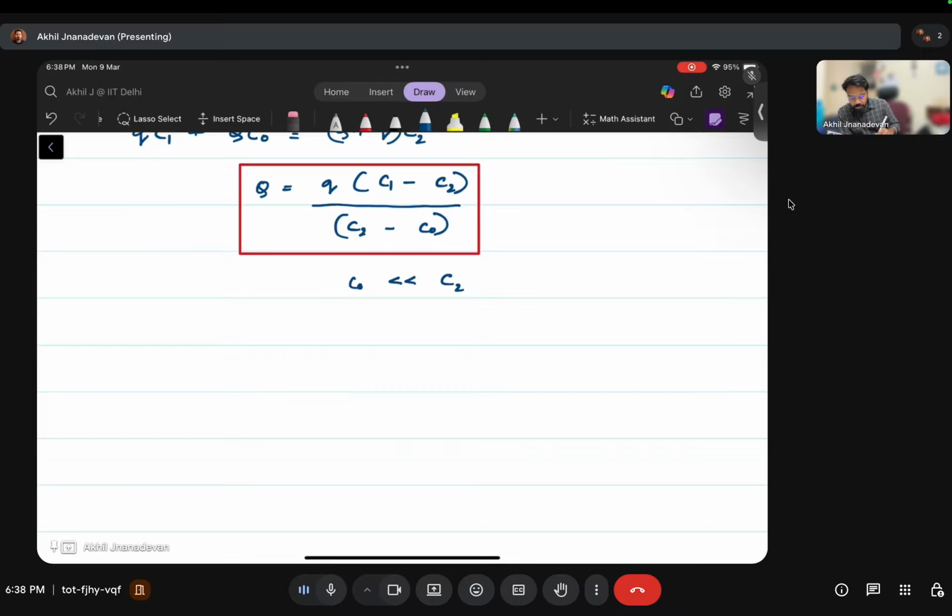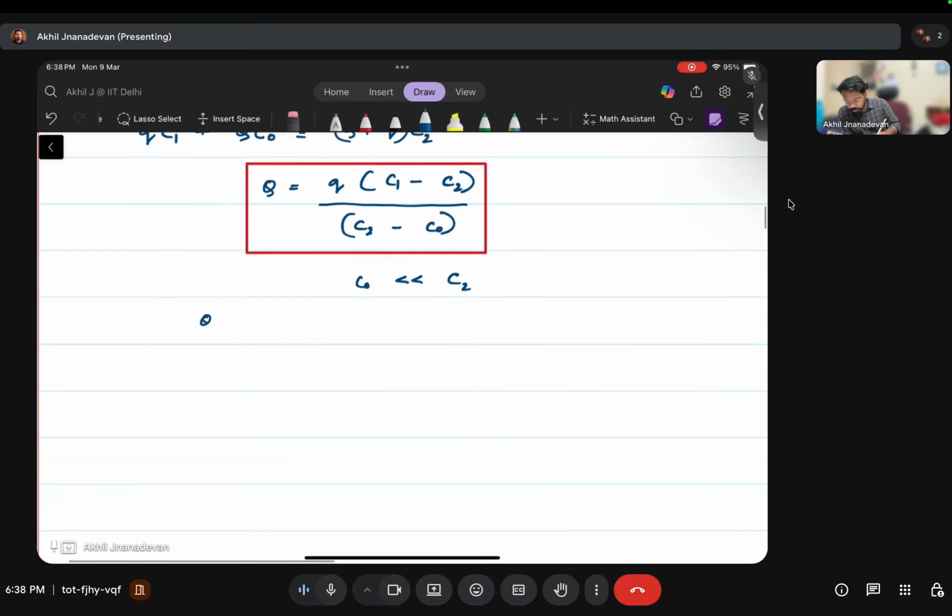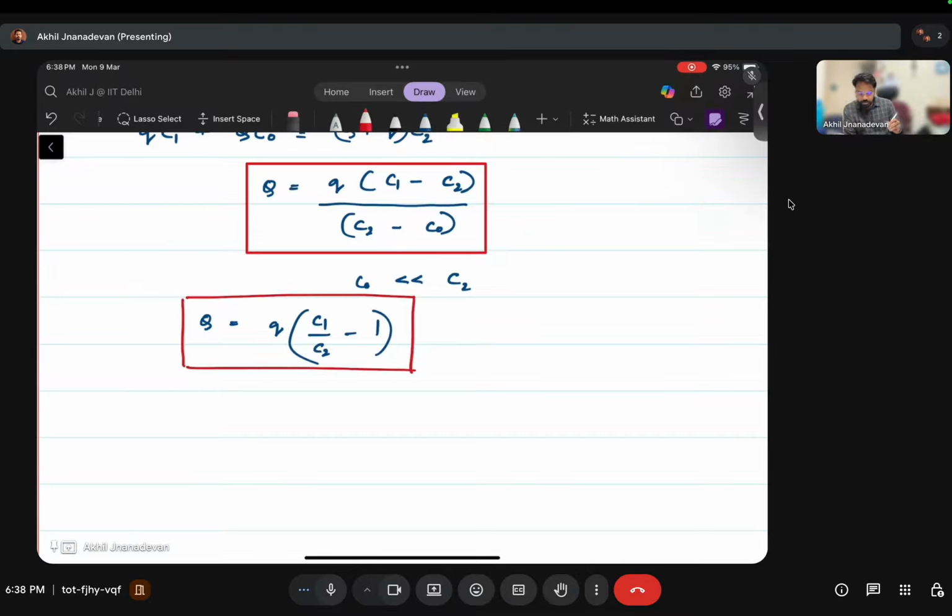So we will neglect C naught and we can simplify this equation as Q equal to small q into C1 by C2, that is the ratio of initial and final concentration, minus 1. So this is the simplified equation. Using this equation, we can directly find the discharge.